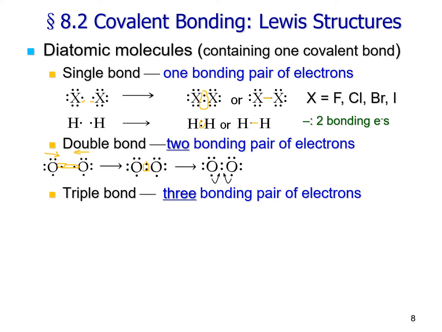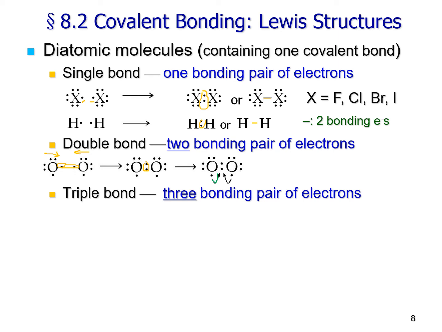So what are you going to do? Those two oxygen atoms realize they still have 1 unpaired dot that needs to be paired, right? So they're going to put that unpaired dot into the bonding region. That is why we have those arrows to show that electron goes into the bonding region.